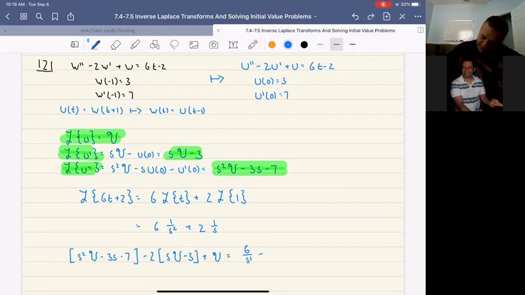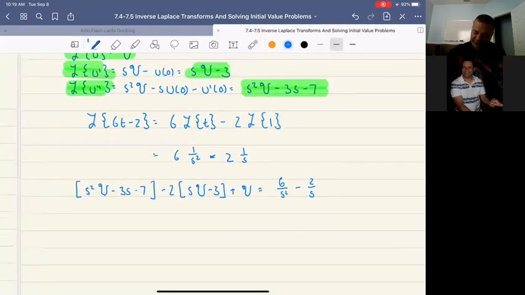Oh, that would have been bad. That should have been minus from the get-go. Minus 2 over s.